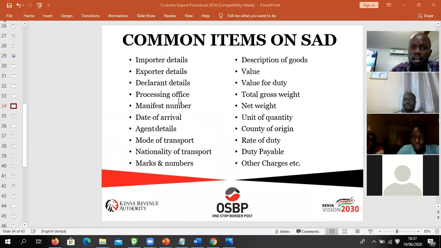Okay, then after that we have manifest number. I think I've shown you the manifest number. So the manifest number, then date of arrival, when that particular shipment arrived, agent's details, mode of transport, nationality of transport, marks and numbers.